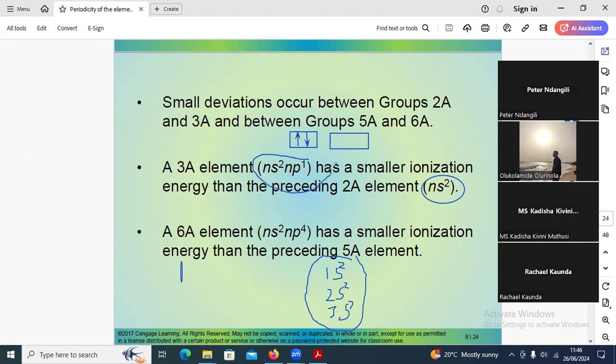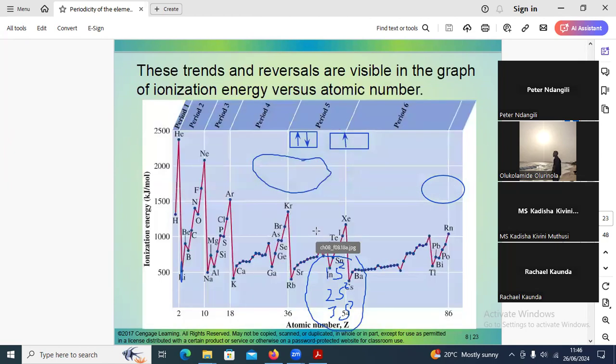Now, when you look at this configuration here, for example, in aluminium, you realize that you are going to have an extra electron here. Now, this electron here, this is why we have the dip between beryllium and boron, between magnesium and aluminium.